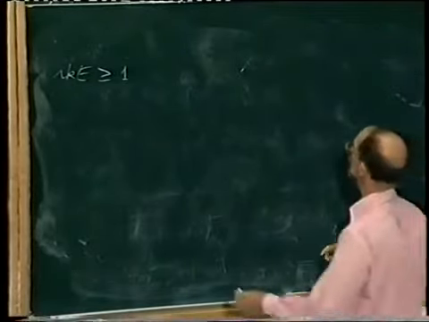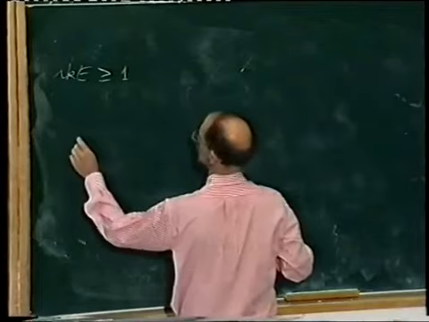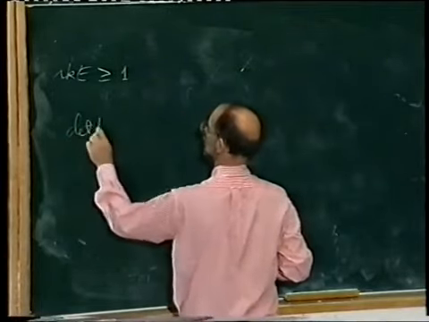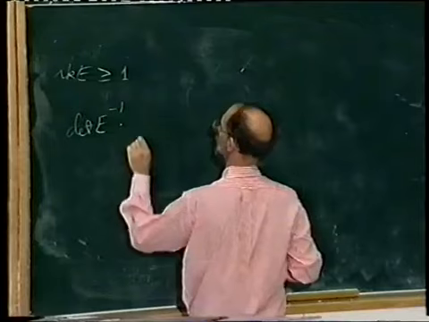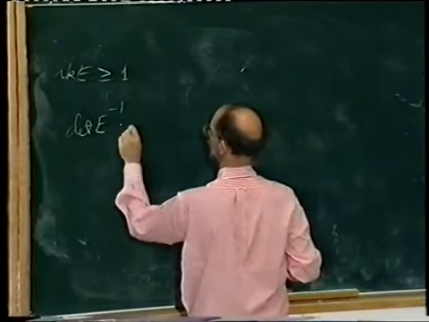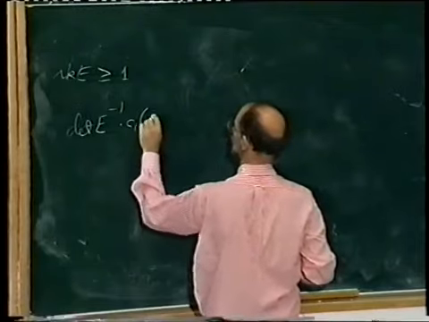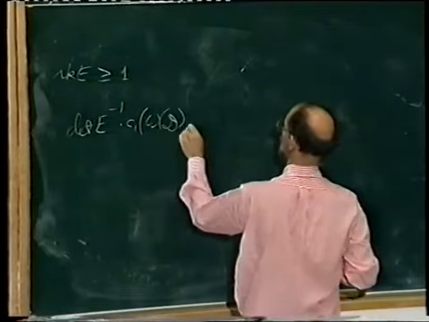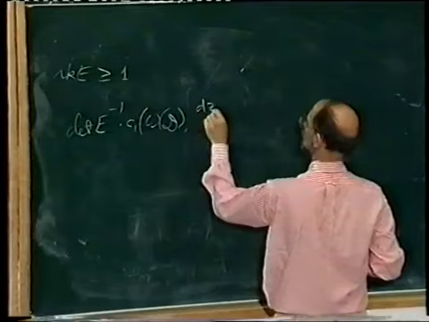Let me just write down the formula here. In the higher rank case, you look at the determinant of E inverse, and then you dot it with C1 of omega of D, with some, you just choose now some trivialization.